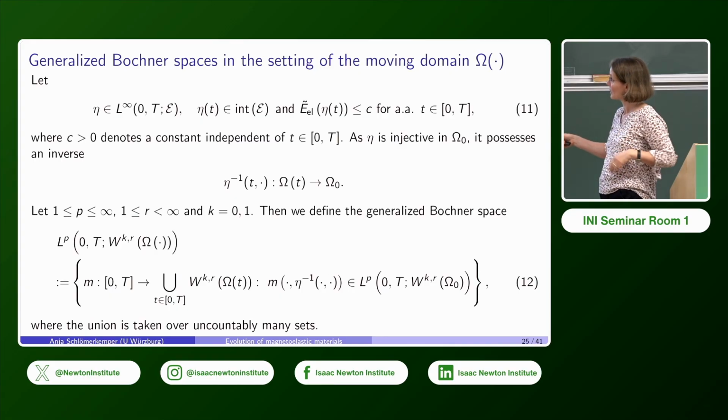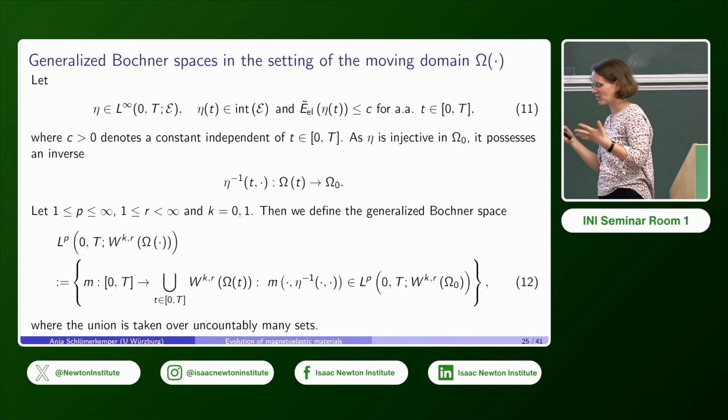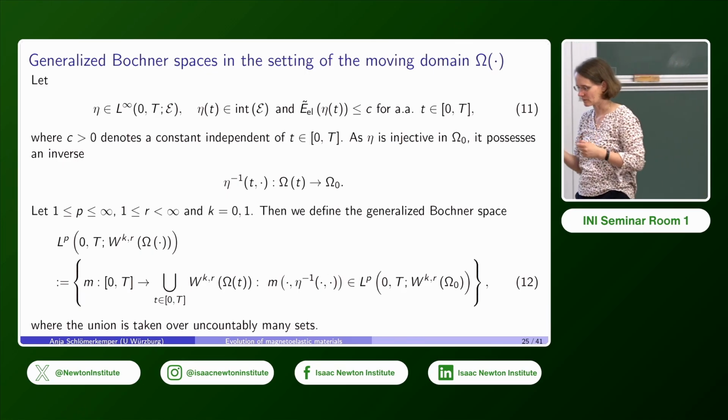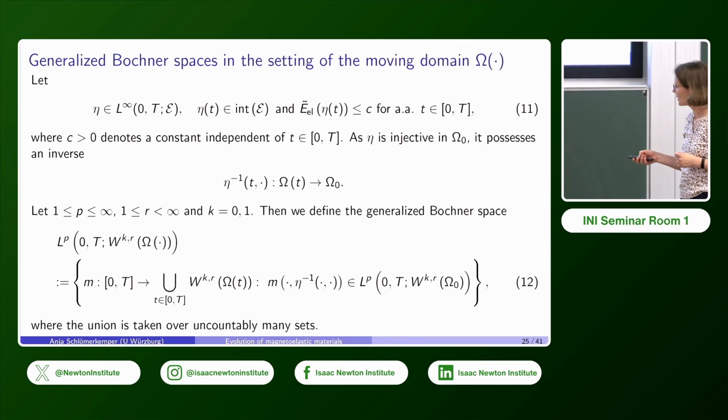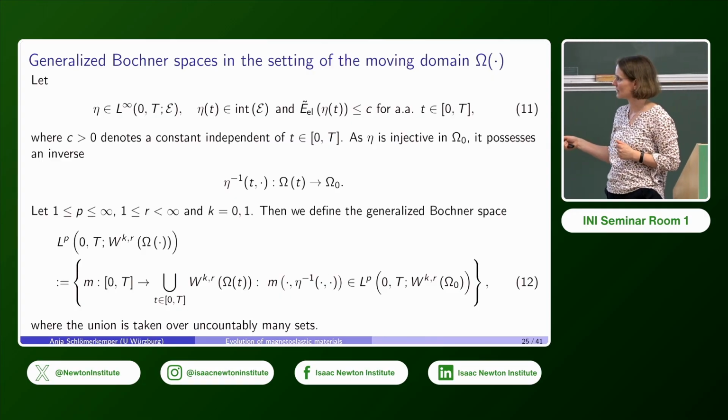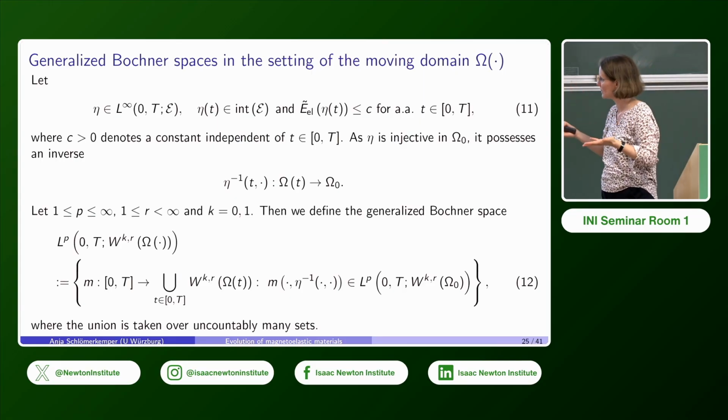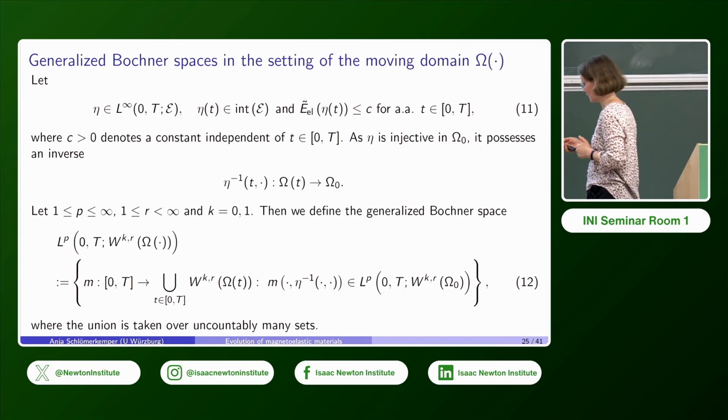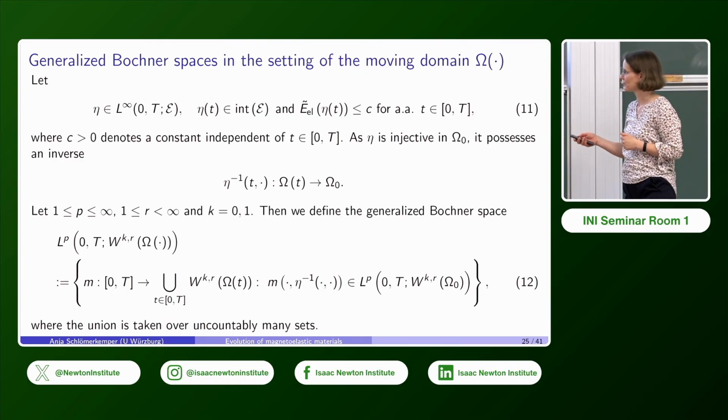But I say that we have functions m, depending on time, with values in this strangely written space. This is like Sobolev functions on omega of t, and we here take the uncountable union of all times.